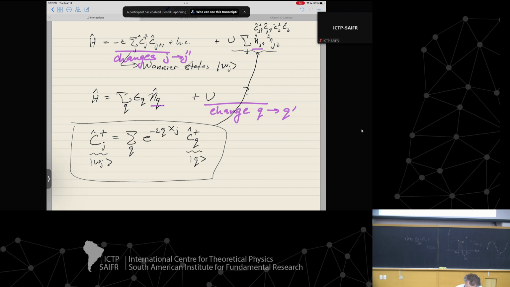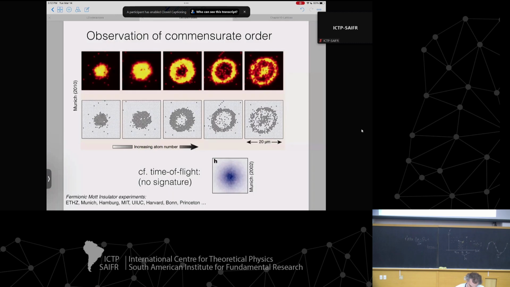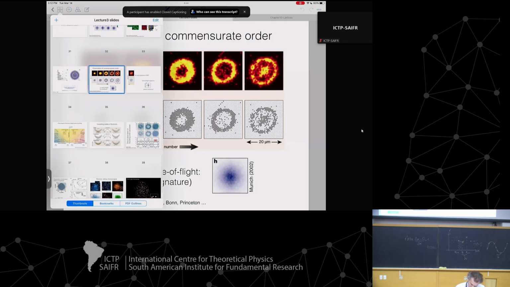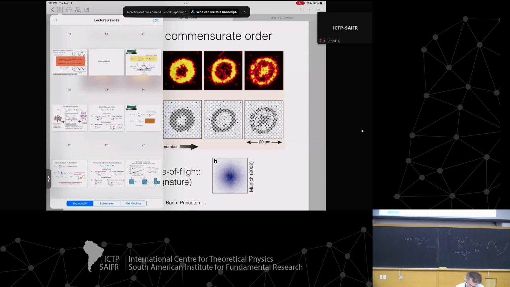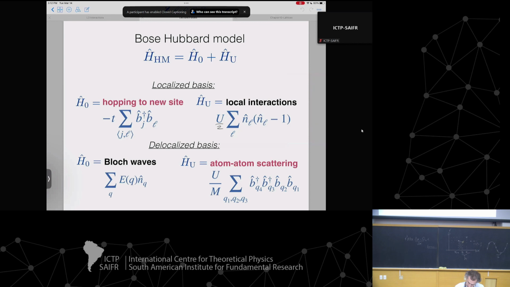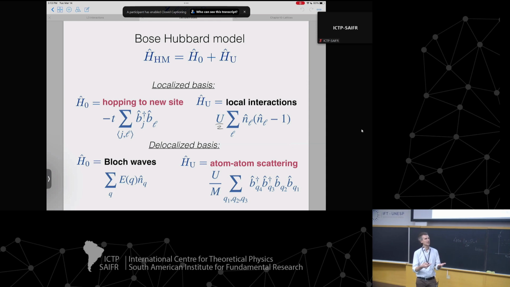Okay, what do we get? Let's talk conceptually about what we find. What we get is basically atom-atom scattering. If I treat this thing perturbatively, it's maybe not so surprising that if I have Bloch states and they can interact, and you want to change one momentum to another momentum, and you do that by encountering another Bloch state, that's scattering, right? 2 different momenta come together, bang, 2 different momenta come out.